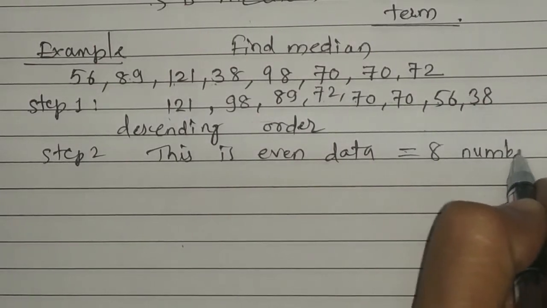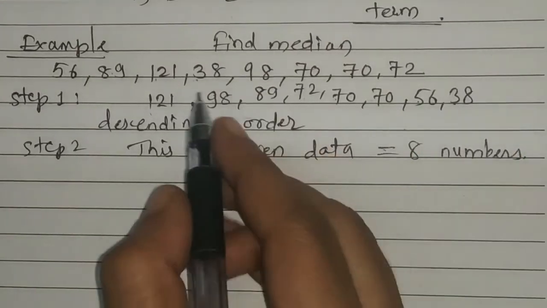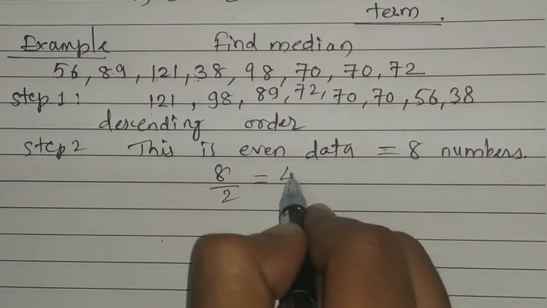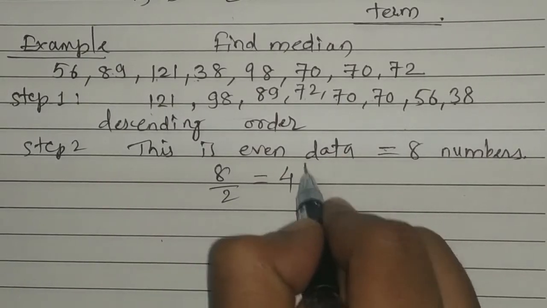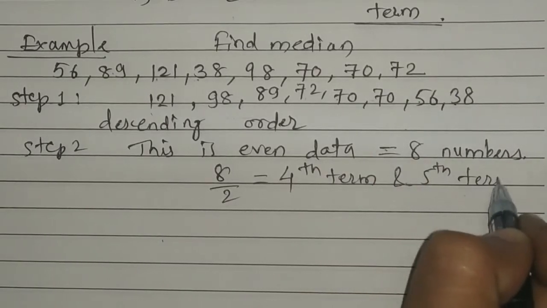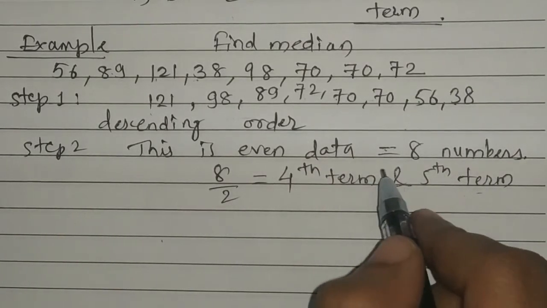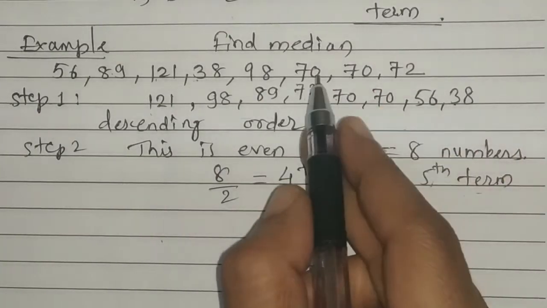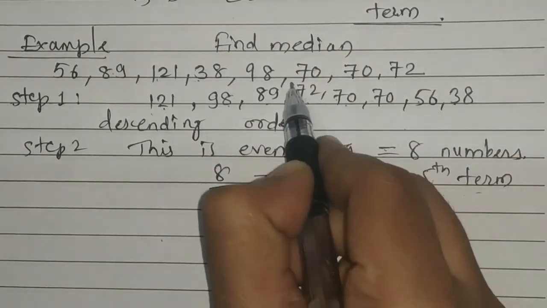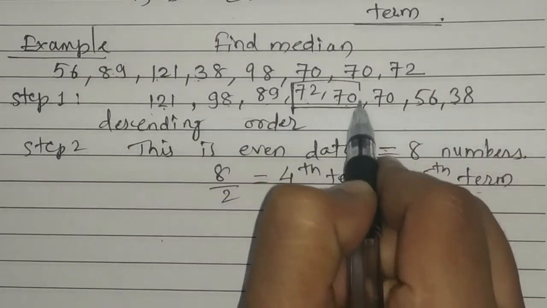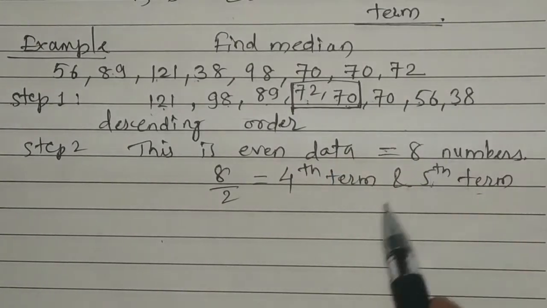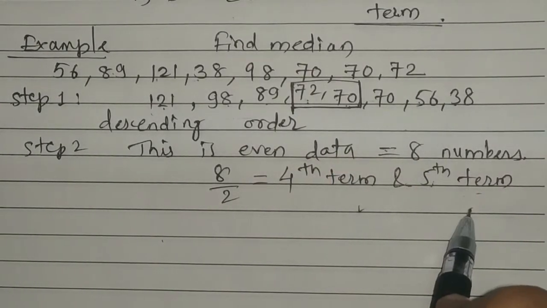So we'll just take 8 divided by 2, so you'll get 4. That means you are going to take the 4th term and the 5th term, and we will take the average of these terms. So here, 1, 2, 3, 4, 5. These are going to be the 2 middle scores we'll select: 72 and 70 are the 4th term and the 5th term.